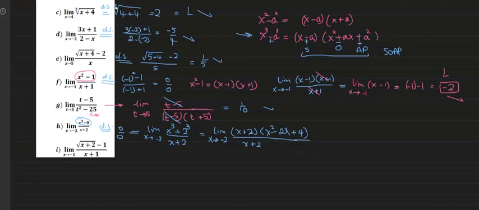Of course we can observe that these two factors can be simplified out, and we will be left with an equivalent function, which is x squared minus 2x plus 4, as x is approaching -2.